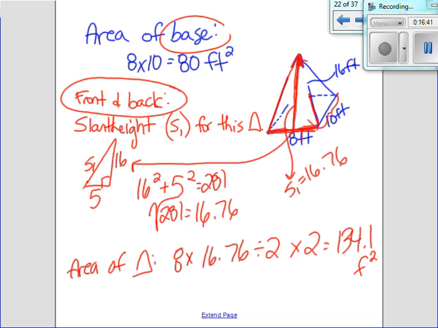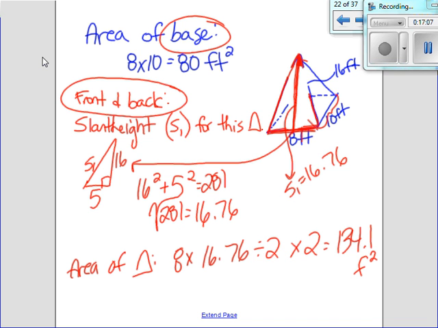I found the base. Which ones do I have left to do? Okay, so we've done the front and back, the base. Which one do I have left to do? The sides, the left and right side.